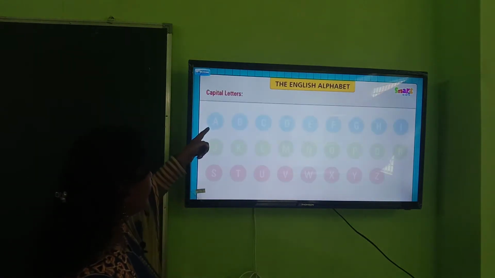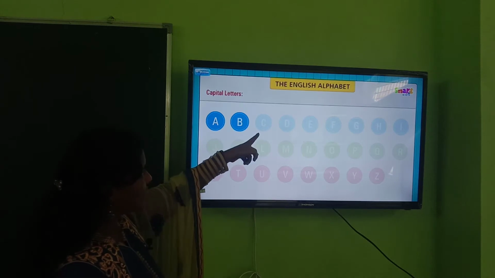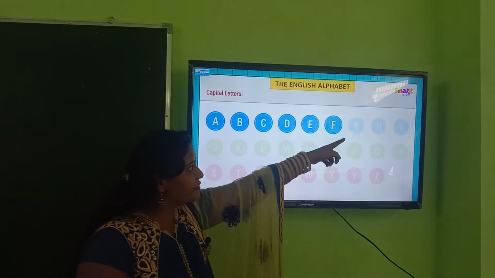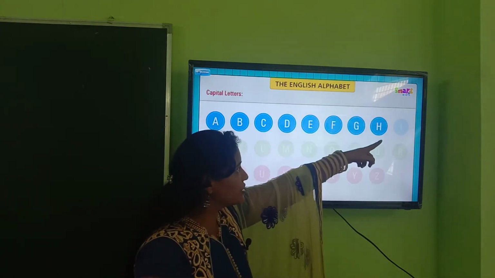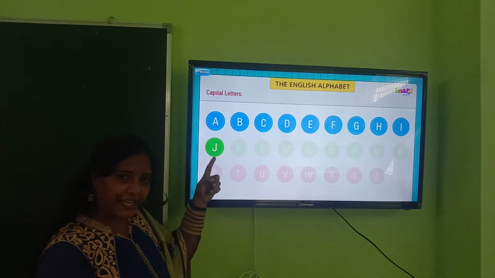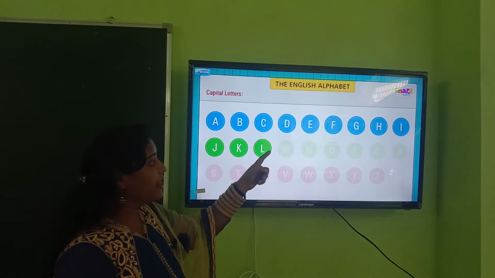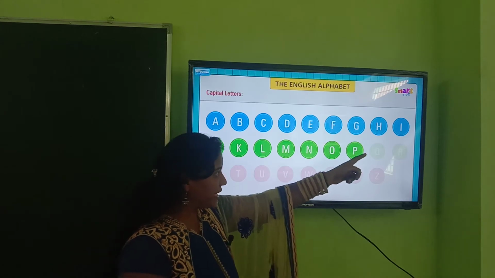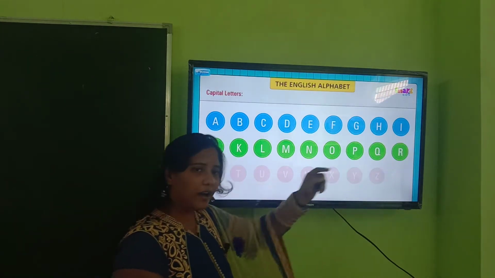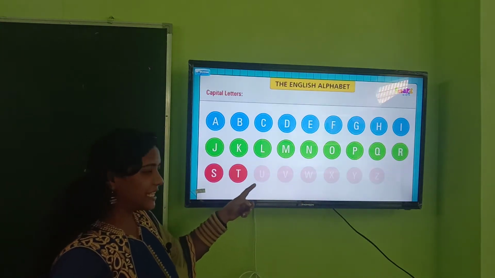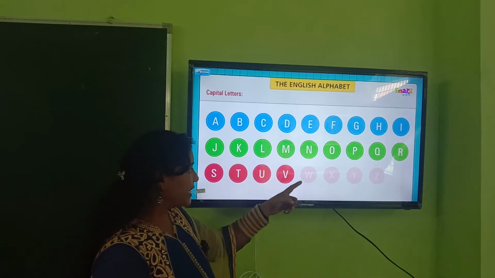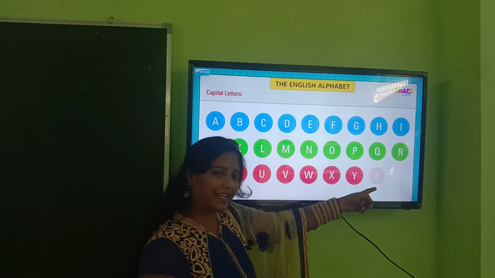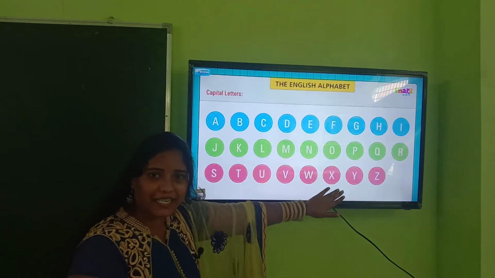Capital letters: A, B, C, D, E, F, G, H, I, J, K, L, M, N, O, P, Q, R, S, T, U, V, W, X, Y and Z. These are called capital letters.